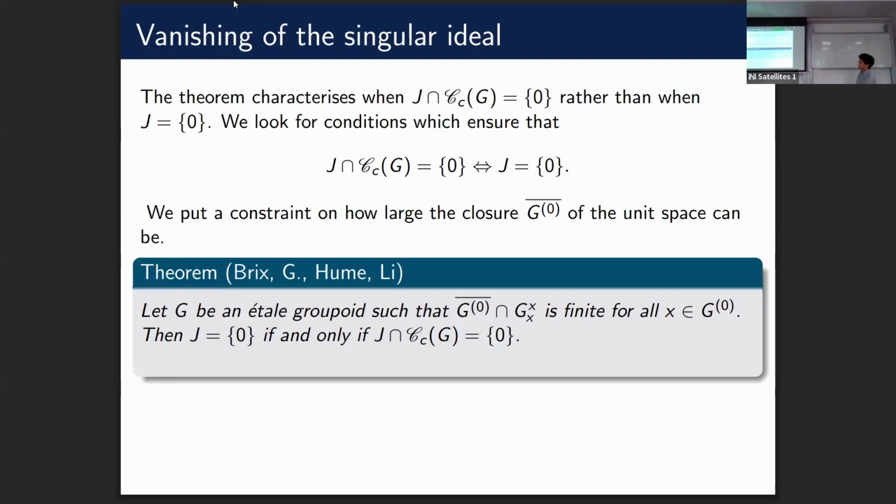If we assume that the closure of the unit space is finite on all fibers, then these two conditions are equivalent. Therefore, for groupoids satisfying this condition, we have a characterization for when the singular ideal vanishes in terms of the condition S0 we saw on the previous slide.